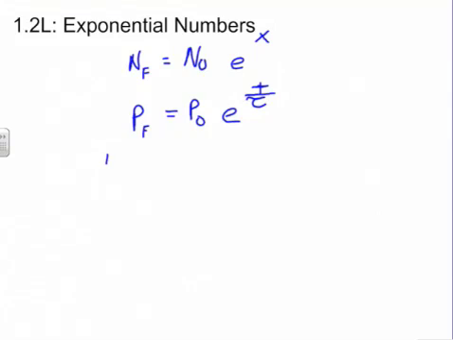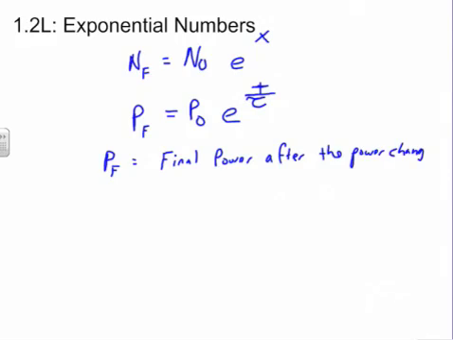So going through these, PF is our final power, final reactor power after the power change. P0 is the initial power, before the power change.